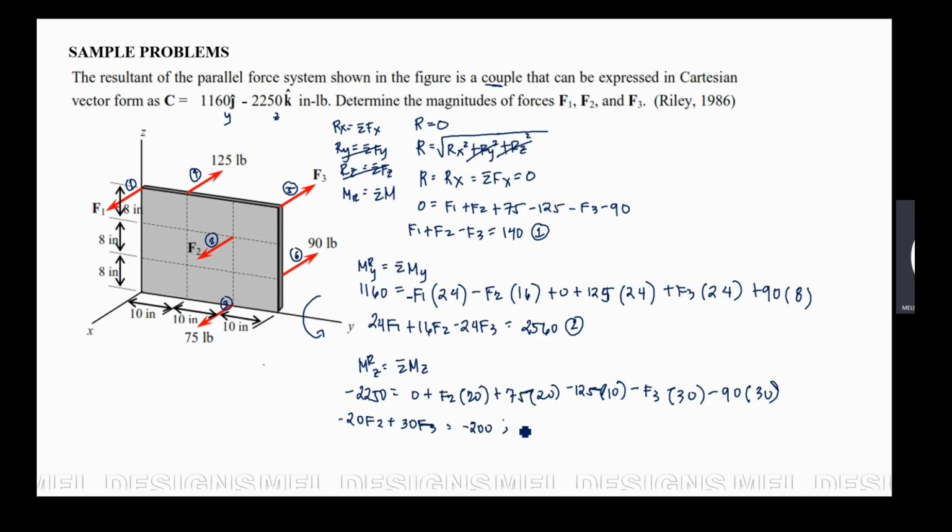Okay? Or 20 F2 minus 30 F3 is equal to 200. Okay, so this is now our equation number 3. So we have 3 unknowns, 3 equations. Therefore, we can solve F1, F2, and F3 simultaneously.